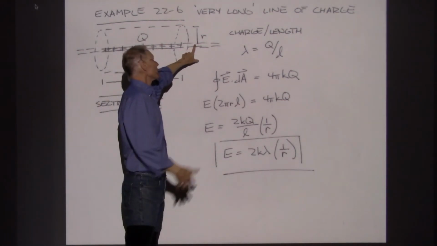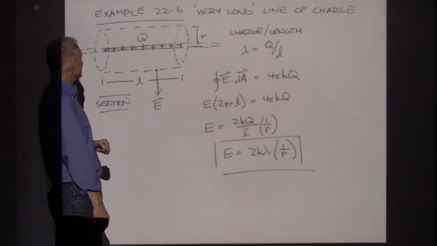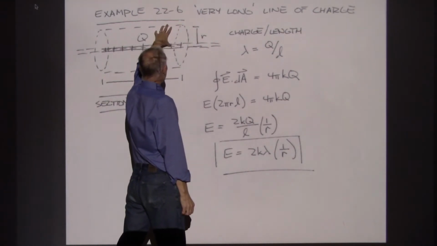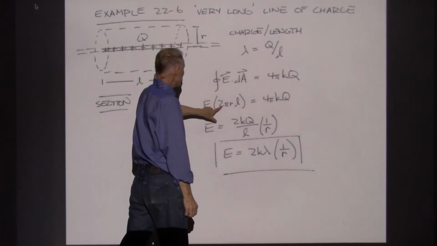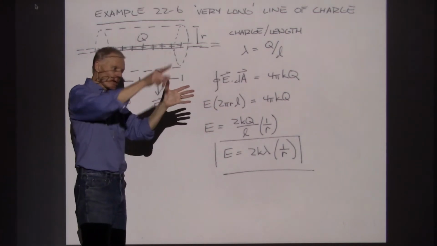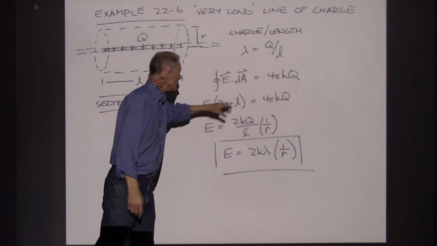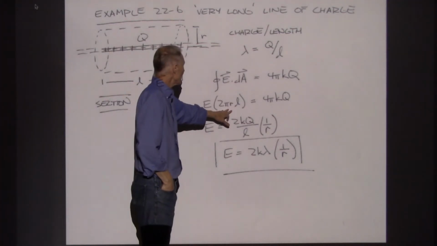So little r is the radius of my Gaussian cylinder, and so the Gaussian surface will have a surface area of 2 pi r, that's all the way around, and then the length of the cylinder. So that is an area. It's not as easy as the sphere surface area, but when you stop and think about it, you just have to be familiar with the surface area of a cylinder.